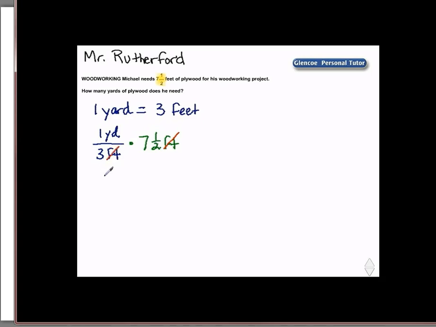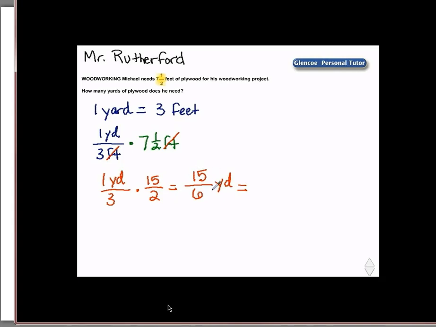So now we have 1 yard to 3 times, then I need to change this to an improper fraction. 7 times 2 is 14 plus 1 is 15 over 2. And we can multiply straight across, and here we have 15 over 6 yards.